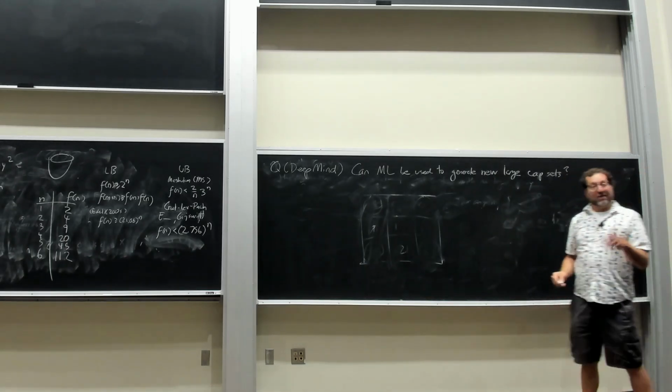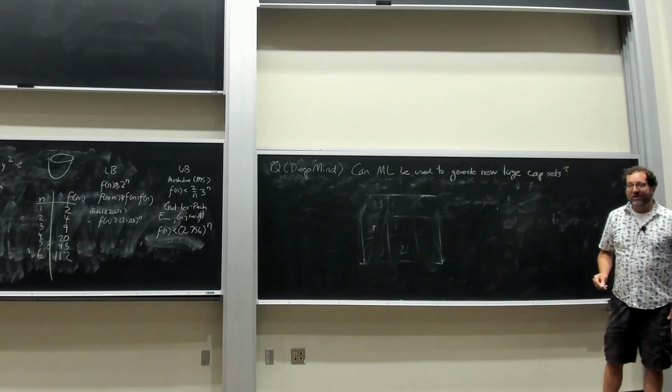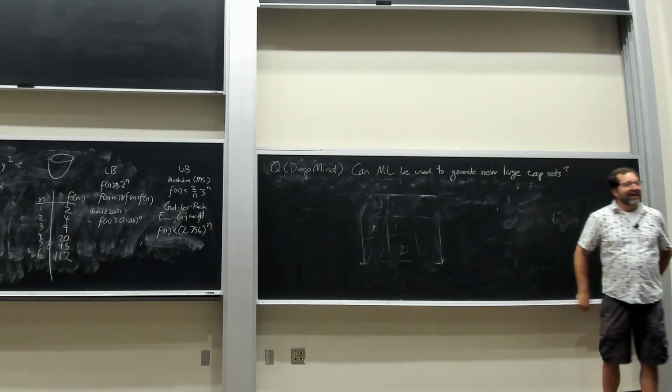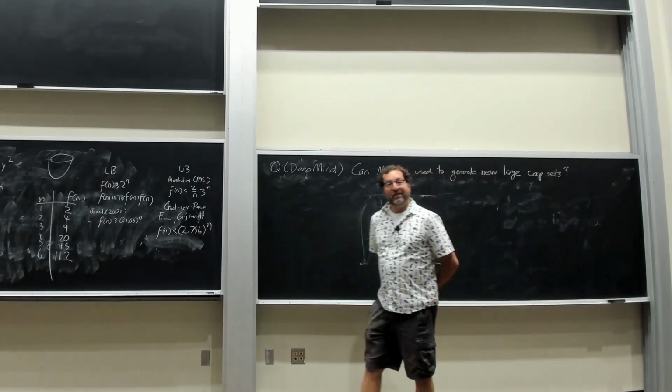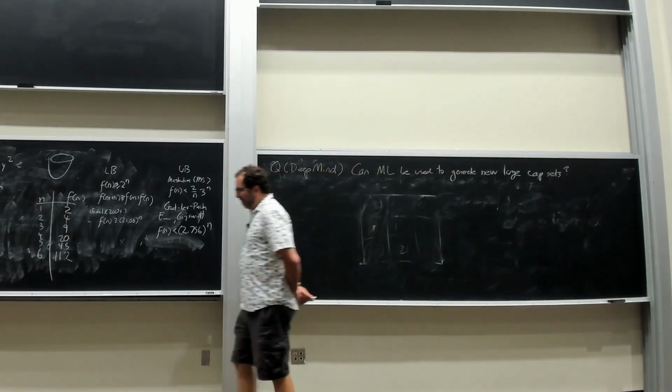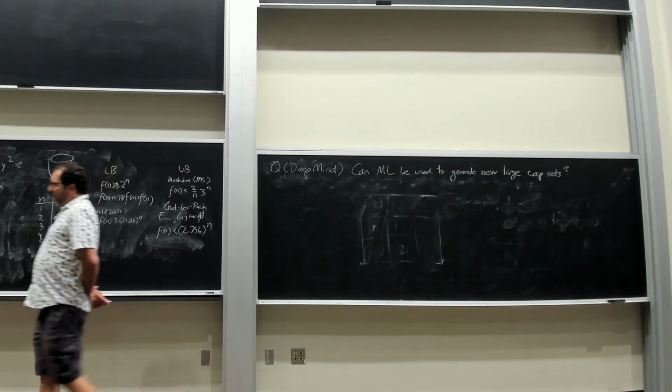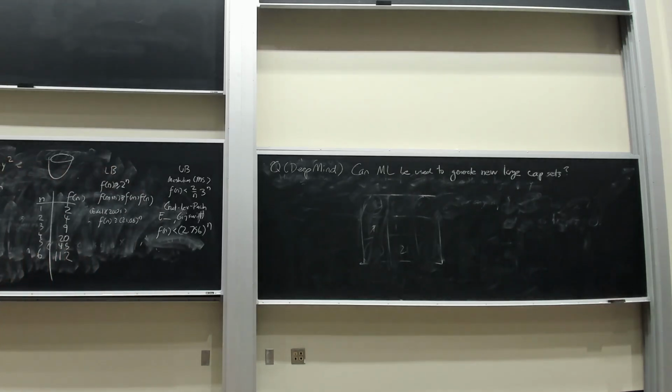In other words, capsets that are larger in various dimensions than any that have been devised. There are many ways you could go about trying to do this. But they had a very interesting protocol that I now want to tell you about, because I thought this was kind of a crazy idea, and I was rather surprised that it worked as well as it did.